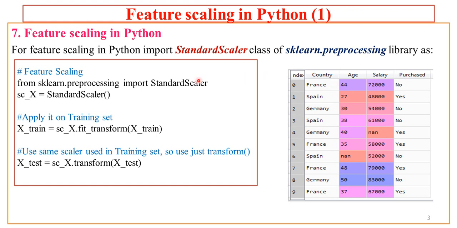Now here we need to apply feature scaling on the independent feature matrix, and to do that we call the StandardScaler class, assuming that we have imported that class from the sklearn preprocessing library.